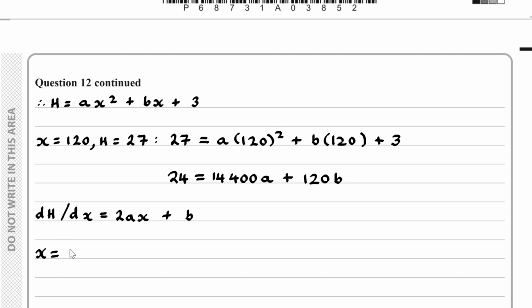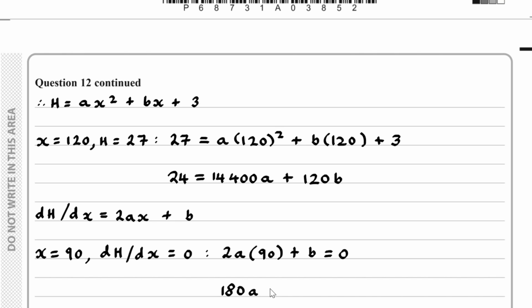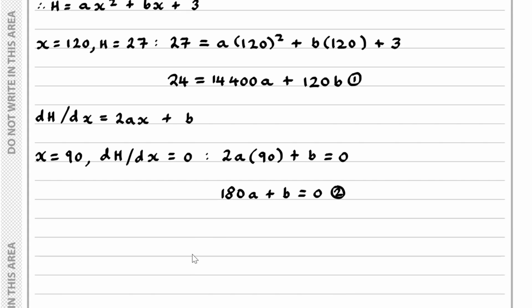And we know that when x is 90, we've got a maximum height, so dh over dx is 0. 2a times 90 plus b equals 0, which means 180a plus b equals 0. If I call this 1 and if I call this 2, we can solve equation 1 and 2 simultaneously.